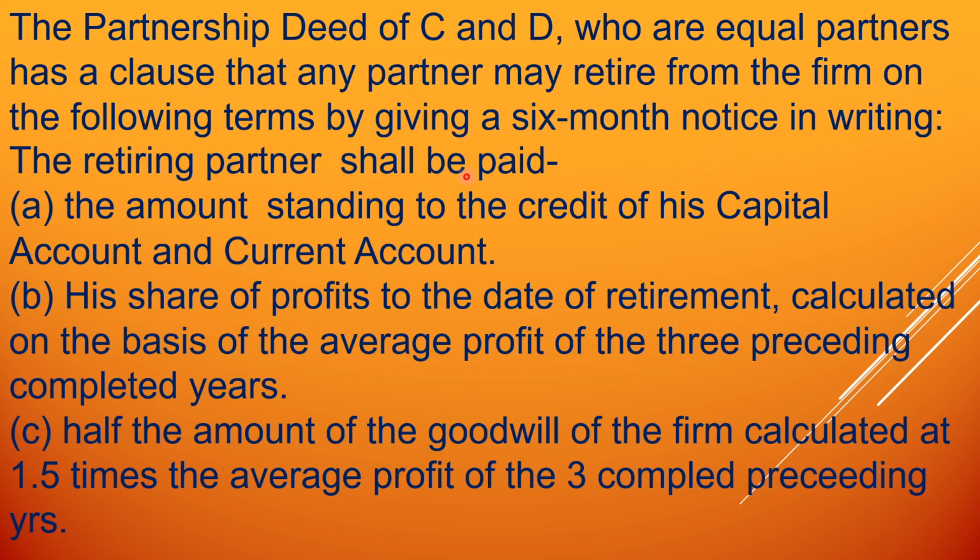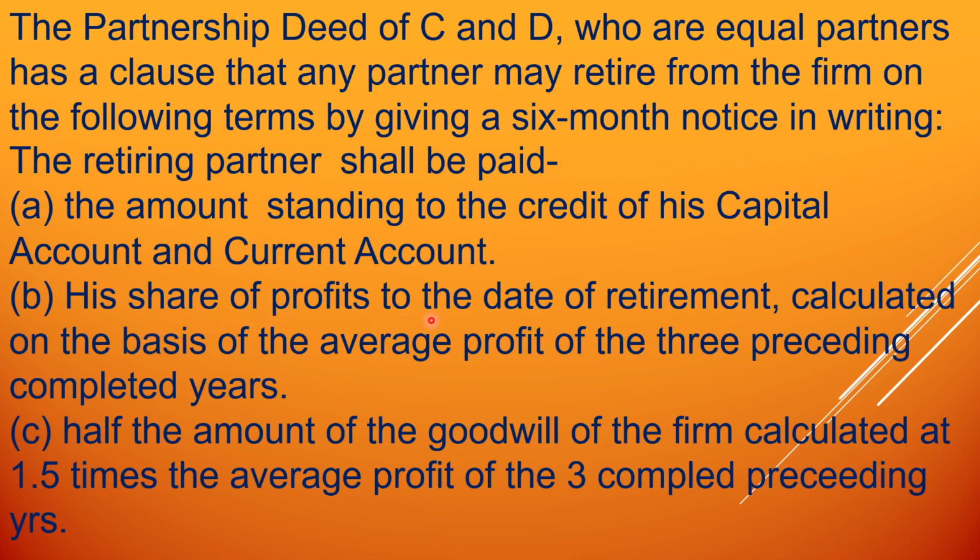The retiring partner shall be paid, first, the amount standing to the credit of his capital and current account, meaning the amount shown on the balance sheet at the time of retirement. It may be credit or debit, and the retiring partner is entitled to it.